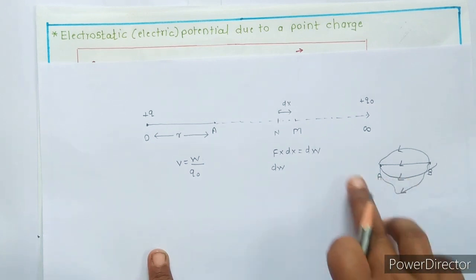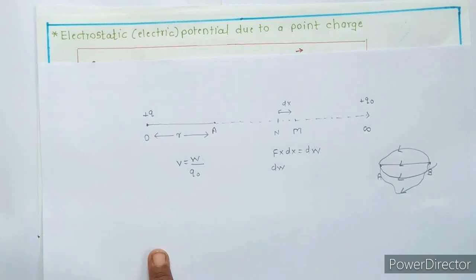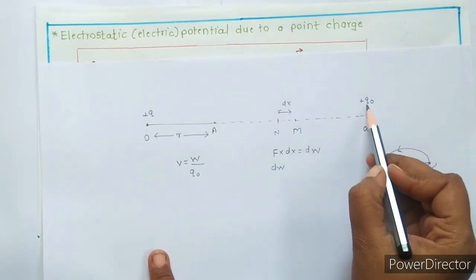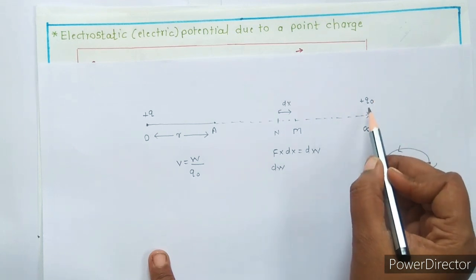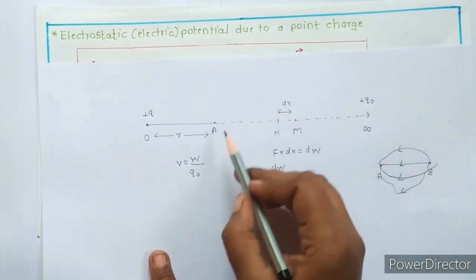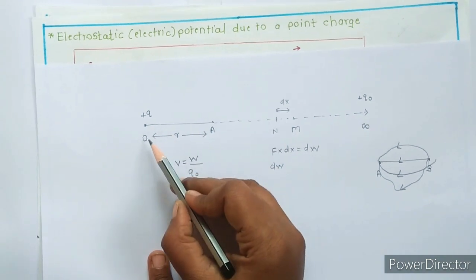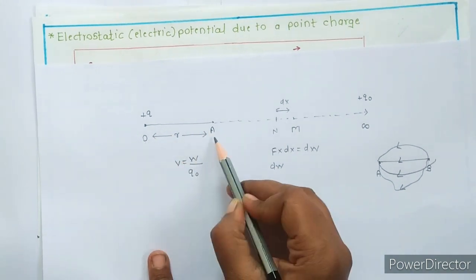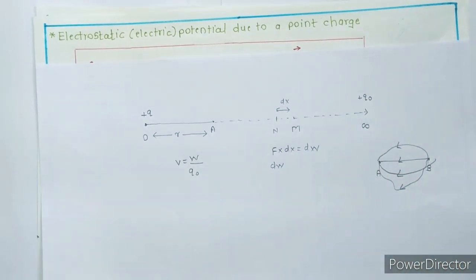It does not depend upon the path, but it depends upon the initial and final positions. That means here a plus q0, that is a unit positive charge, can be displaced from infinity to A in a number of ways, but here we consider a convenient way, that is along the line OA. Fine. So we will get a final figure like this.